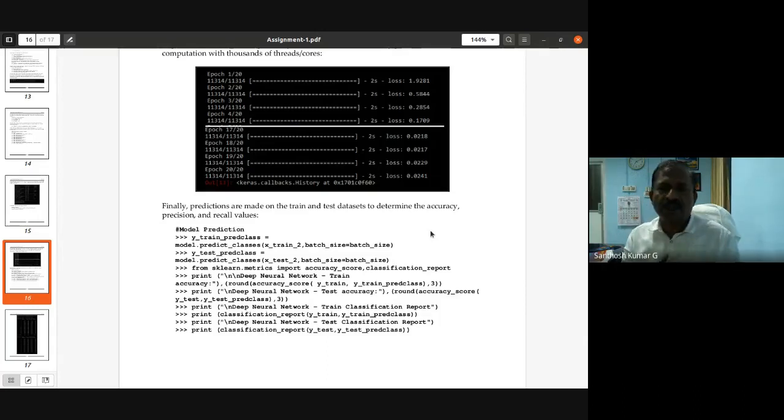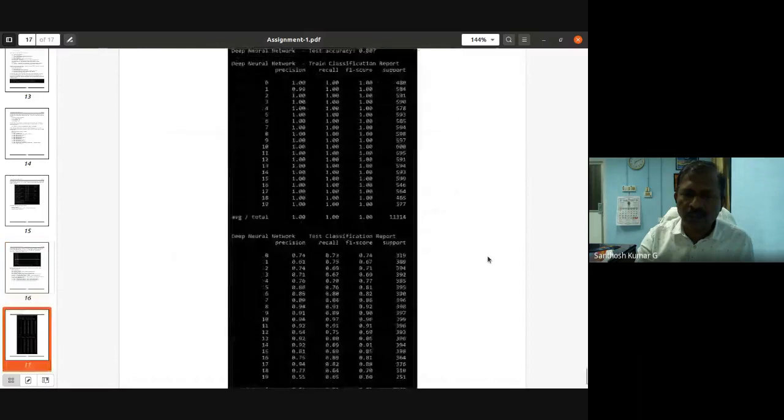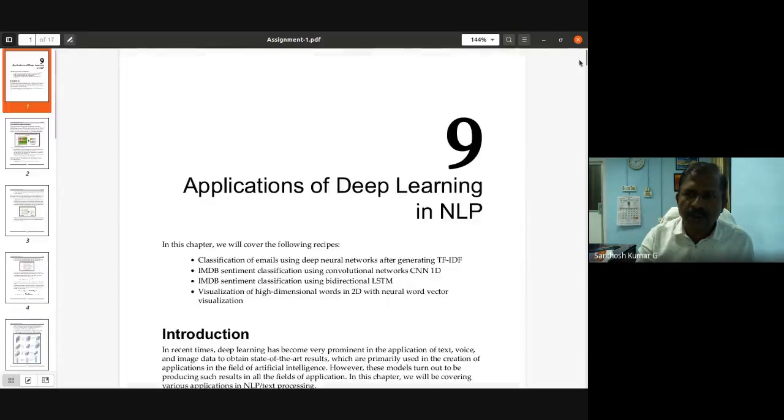So please try to understand the problem first, and try to understand all the blocks required to solve the problem, and please try to understand how to evaluate and report on the results, right? A typical NLP task, right? So with this, I will give one month's time. Today is 10th of March. By 10th of April, you can submit the first assignment, right?